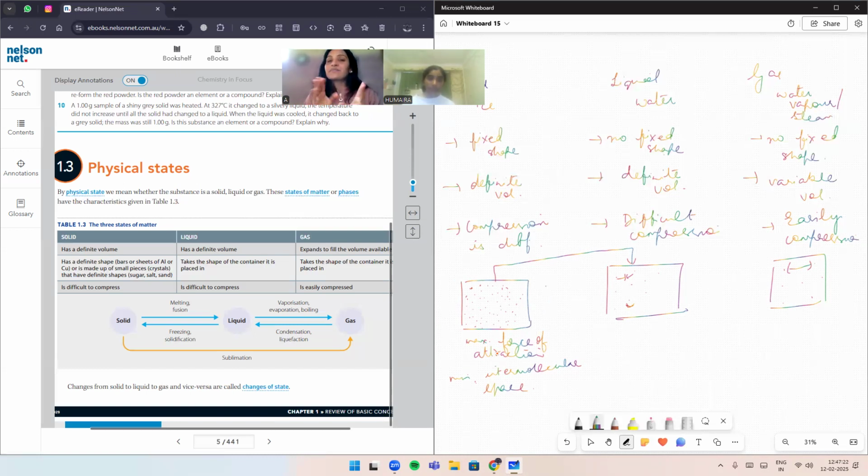Now, a substance already had some energy. Externally, I'm providing more energy, so there is an add-on in the total energy amount. So what happens? See, I'm taking a portion of the solid. These particles were very close to each other, but now they have added energy with them.